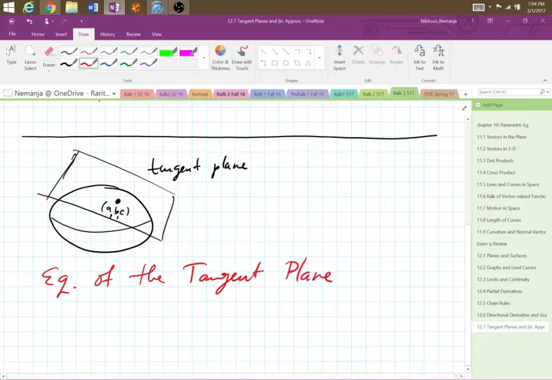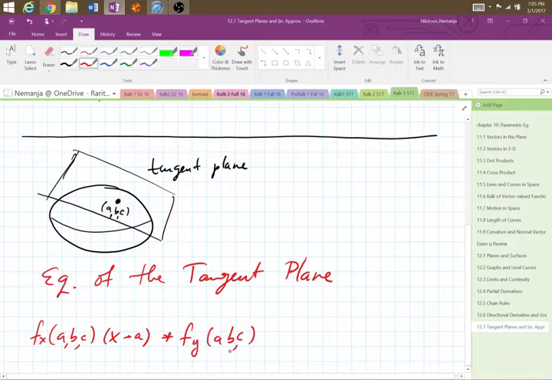We are going to have the partial derivative of f with respect to x computed at a, b, c times x minus a, plus the partial derivative with respect to y at a, b, c times y minus b, plus the partial derivative with respect to z at a, b, c times z minus c equal to 0, and that's the tangent plane.